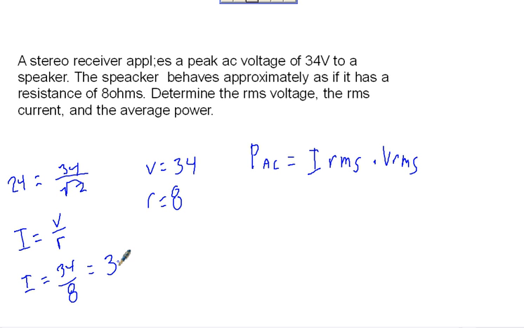I'm getting ahead of myself. Then we put that over square root of 2, and you get 3. Then we just times that by 24, and we get our P AC.